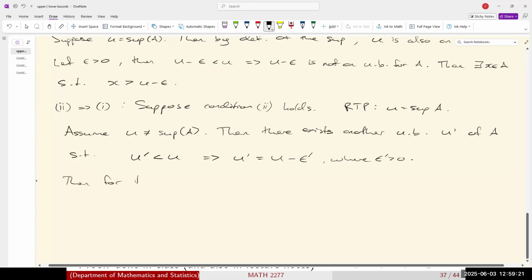Then for this epsilon prime, which is bigger than 0, by assumption of 2, remember we said 2 is true, there exists an element, let's call it x prime, belonging to A, such that that element x prime is bigger than u minus epsilon prime, right?